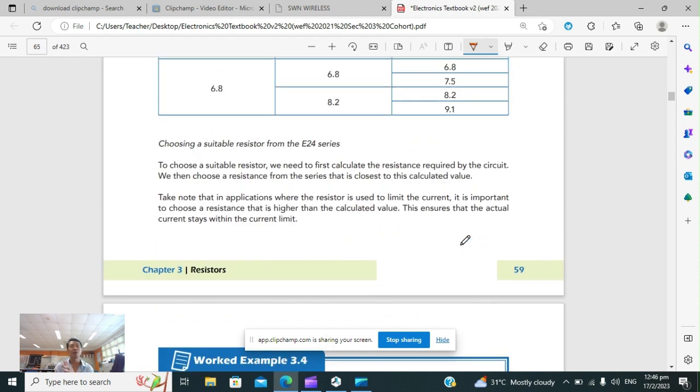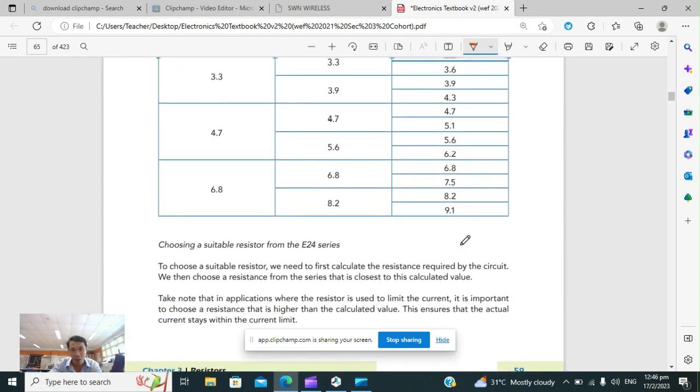Usually for any calculation or application, we would calculate the problem and come up with a value of resistor that we need. Let's say I do certain calculations and I find that I need a 7K ohm resistor, 7,000 ohms.